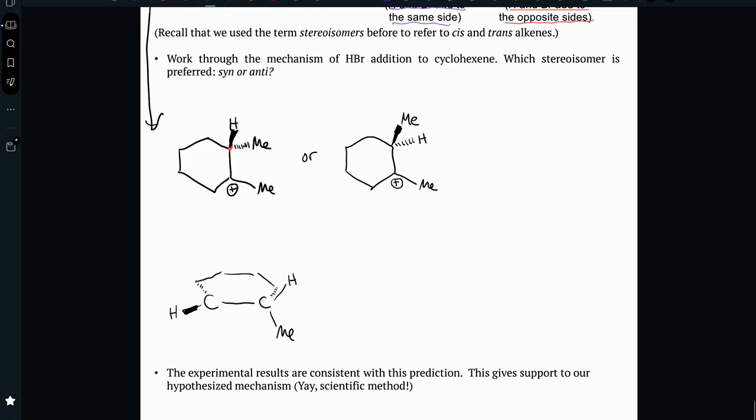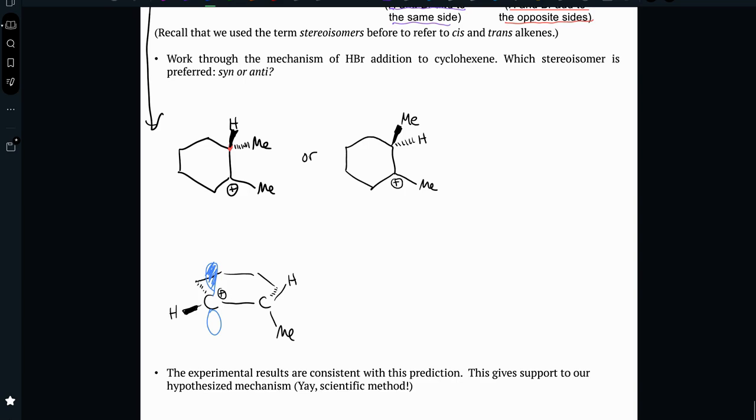But on my other carbon, I've got a carbocation, and that's got an empty p orbital. So I've changed my perspective here. I've shifted so that the six-membered ring is in the plane of the page, and I've pushed the ring behind so I can just focus on these two carbons. Now, I have a carbocation, which is planar.